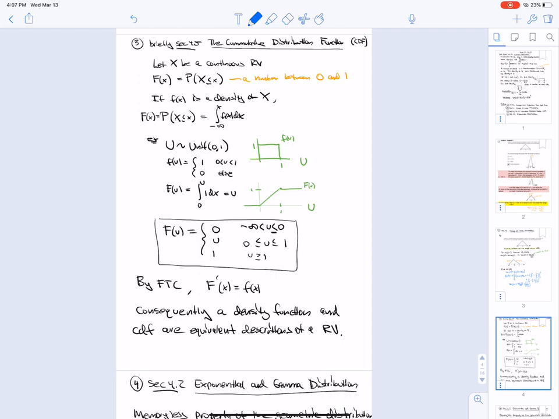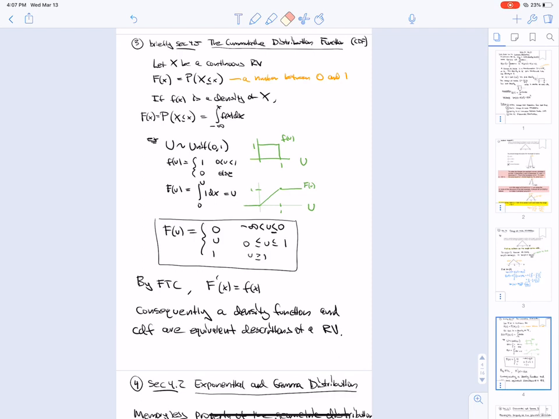Before 0 there is no probability in our density, right? There's no area. So f of u is 0 there, and after 1 the density is 0, so we're not going to get any more probability after 1, so it'll just stay at 1.